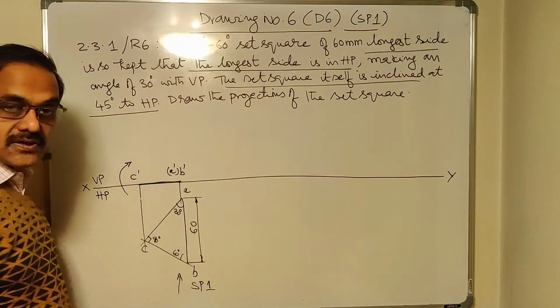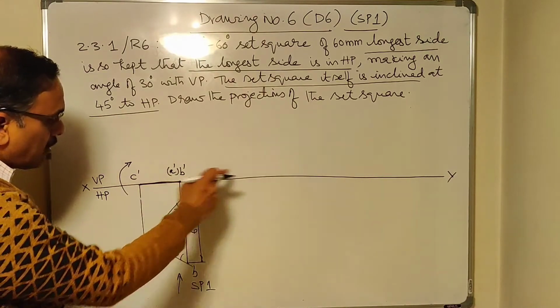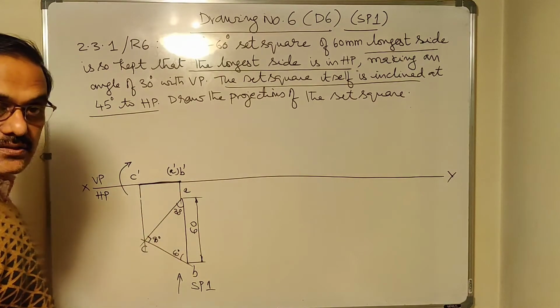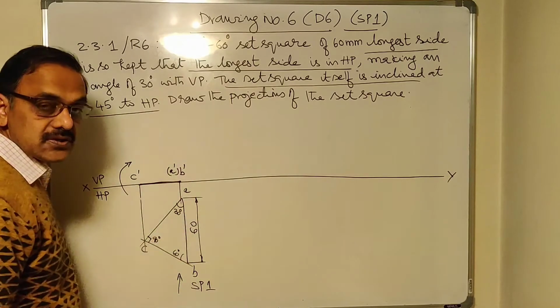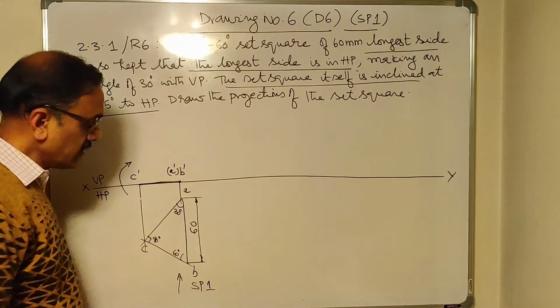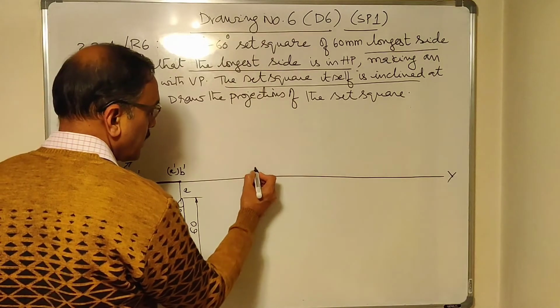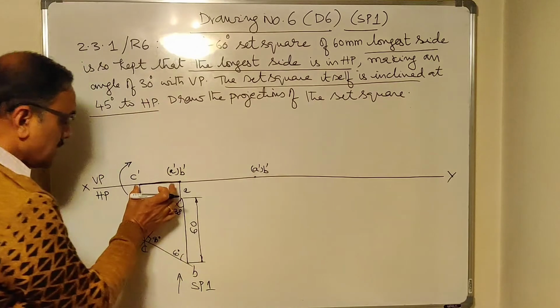ABC is the surface of the triangular lamina. This line I will draw inclined at 45 degrees to HP or 45 degrees to XY. Make sure that this point is on XY because AB is on HP. AB is the hypotenuse. So I take points A dash, B dash on XY and draw this length.